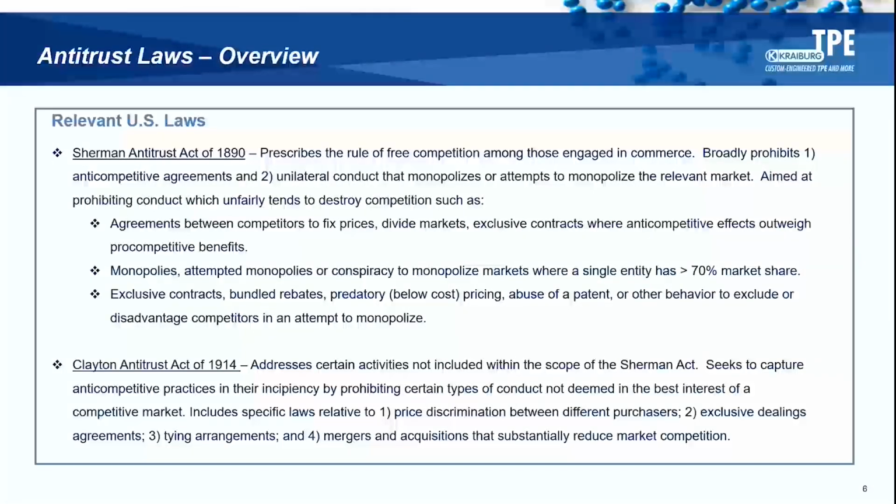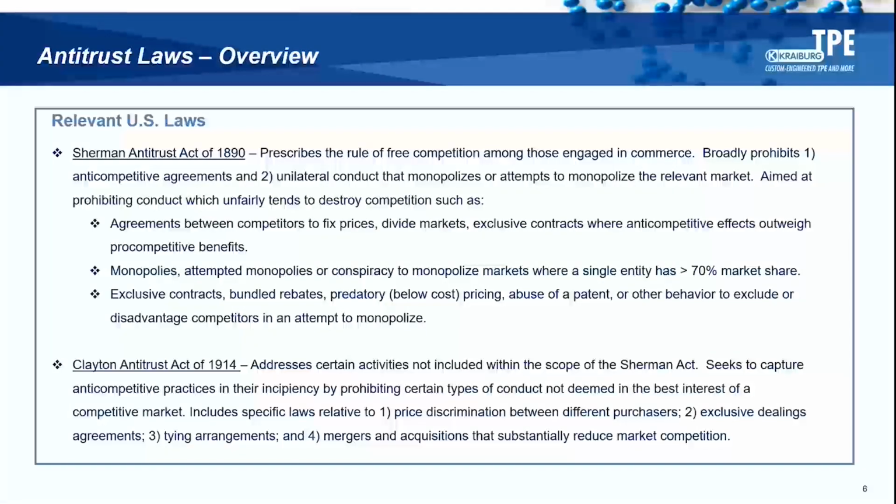That was subsequently supplemented with the Clayton Antitrust Act of 1914. Essentially, the Clayton Act addresses certain activities that were not included within the original scope of the Sherman Act. It seeks to capture anti-competitive practices in their incipiency by prohibiting certain types of conduct that's not deemed to be in the best interest of a competitive market.